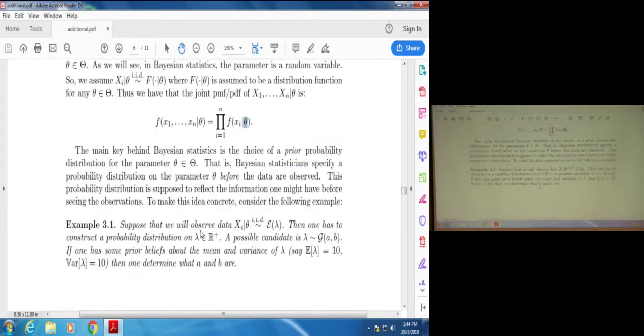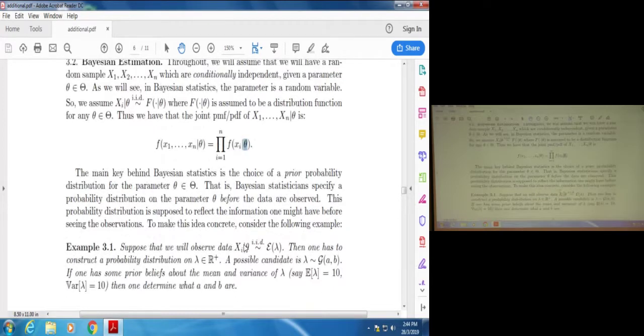For example, suppose we have a random sample which is exponentially distributed with parameter lambda. Then you have to construct a probability distribution over theta which is positive. For example, you can use the gamma distribution, which is related to the F distribution we saw before. And you can specify those parameters A and B if you know something about lambda before you see the data.